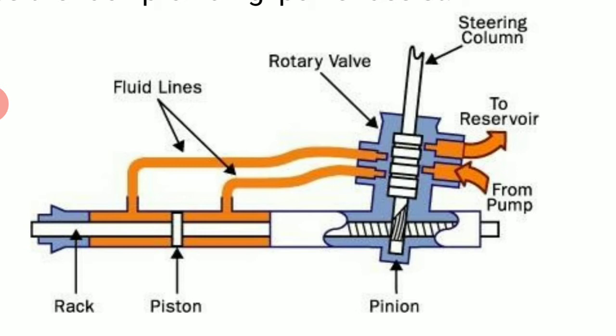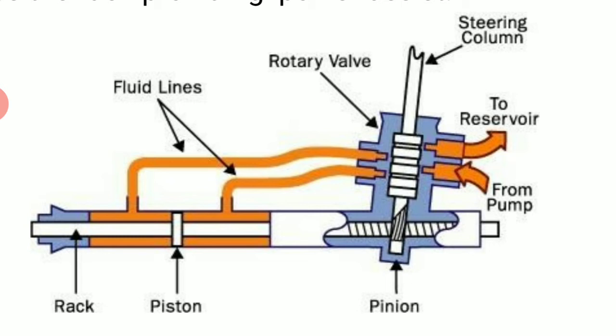As the piston moves to and fro, the pressure is developed on the fluid, then the fluid through the fluid lines will enter into the rotary valve. So again, the pressure is developed there.